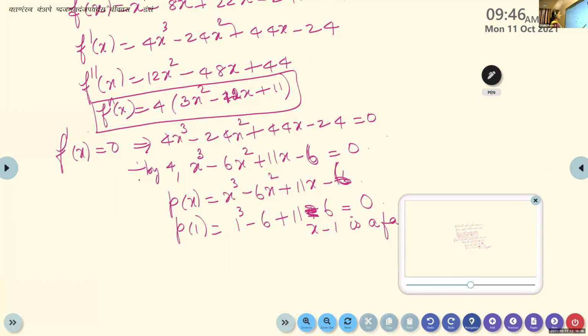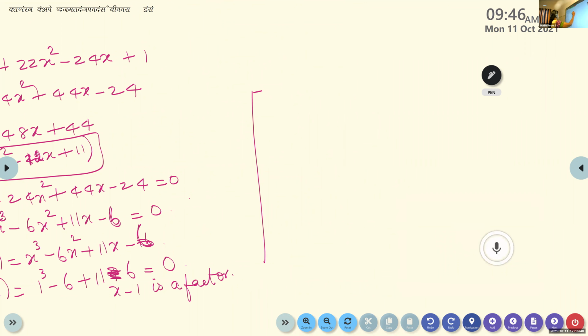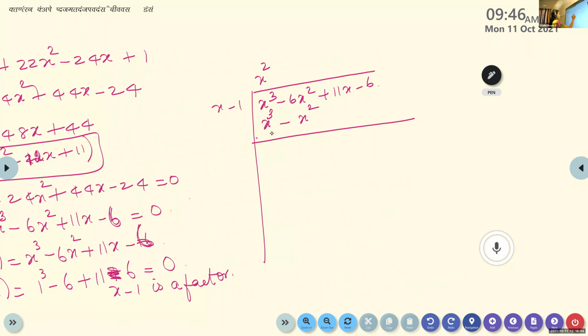Now do the long division for the given polynomial. What is the cubic polynomial here? X cube minus 6x square plus 11x minus 6. You divide it by x minus 1. So you multiply, this x cube minus x square. Again change the sign. So you'll get minus 5x square plus 11x minus 6.